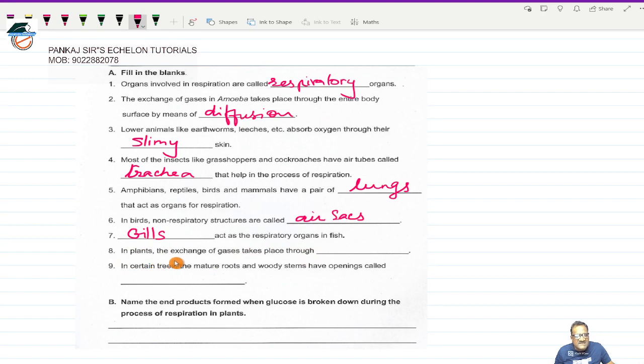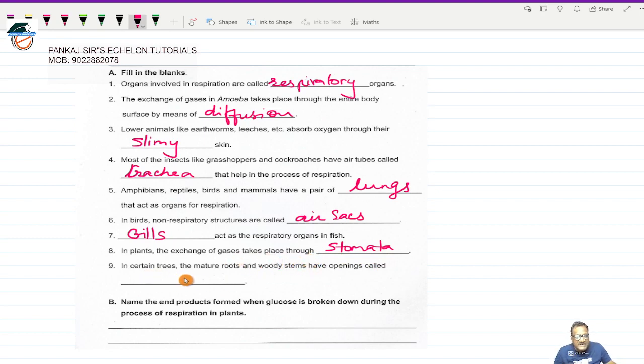Then in plants, the exchange of gases takes place through stomata. In plants, you will find small pores in the leaves, on both the upper and lower surface, through which the exchange of gases takes place.